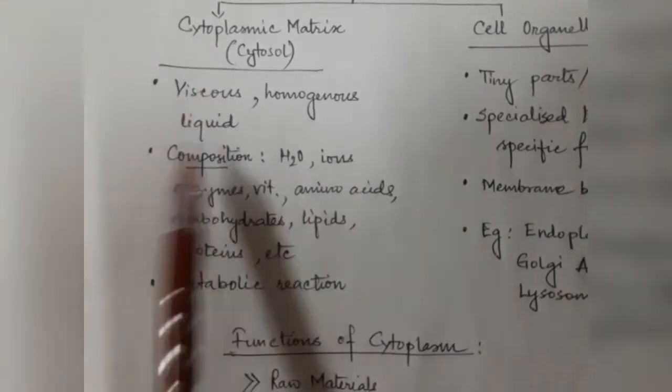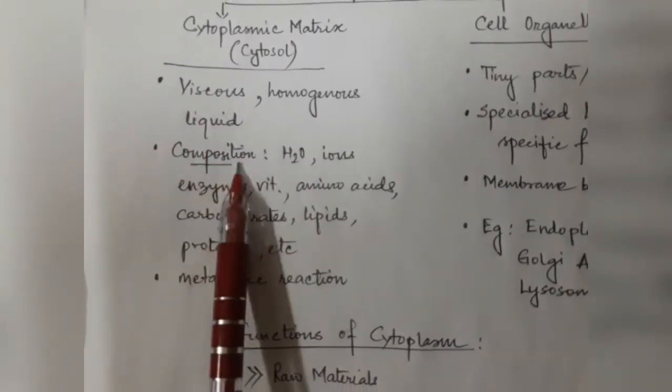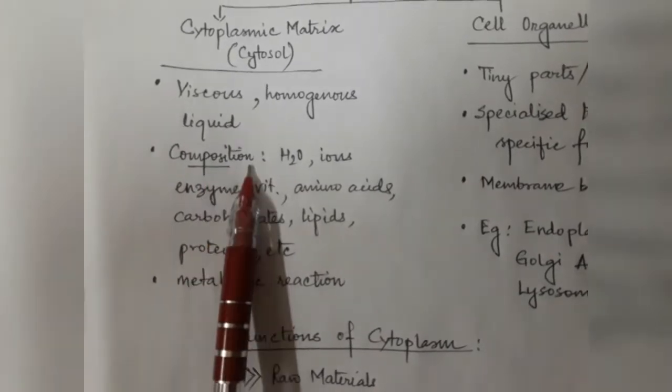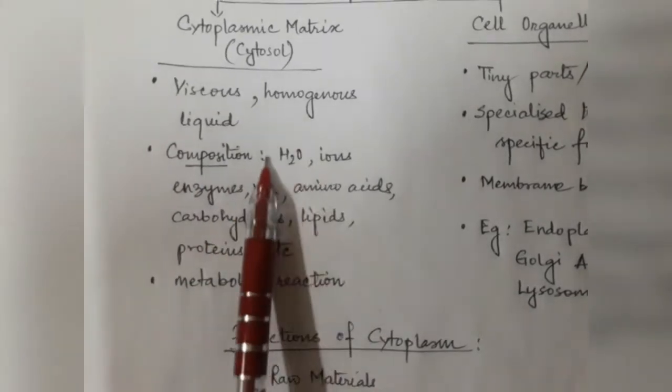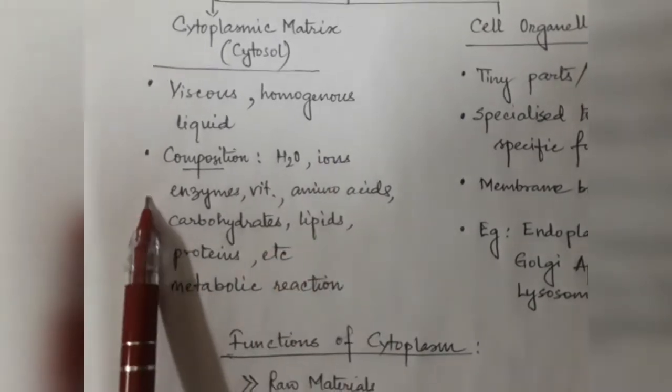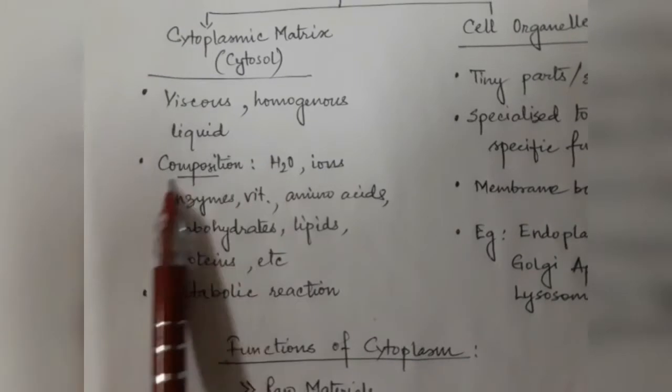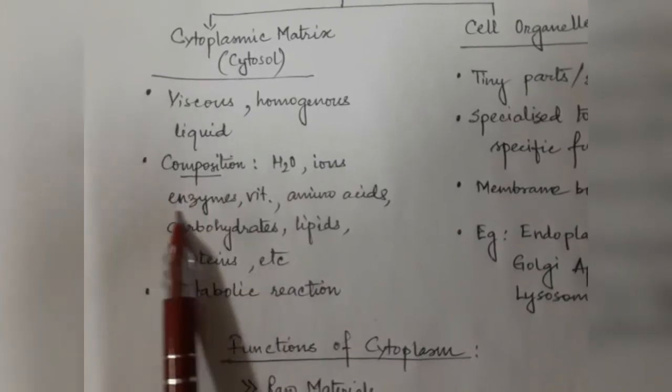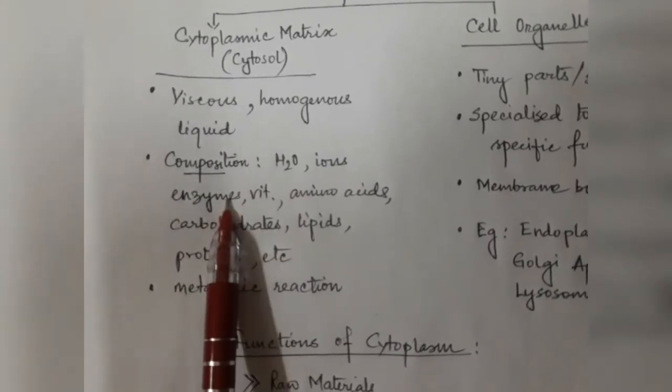Now, what are those materials? It is actually the composition that I am talking about. It is composed of water, various ions are present, then enzymes that are involved in various biochemical reactions, right?